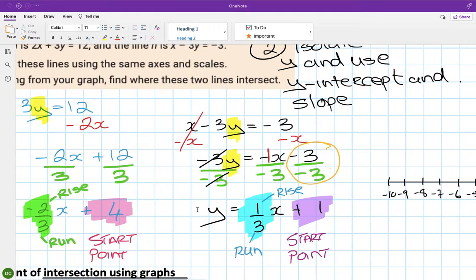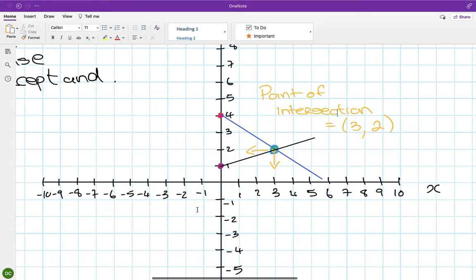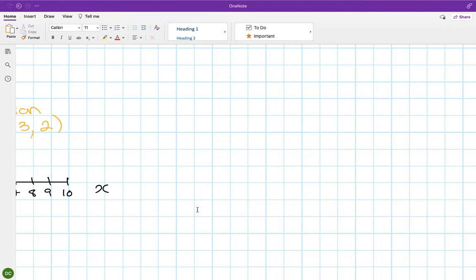Okay, so now I'm going to do this algebraically, which is basically the new thing I'm trying to teach you. Doing it graphically, we have done that already. That's from the previous chapter, so hopefully that's okay.